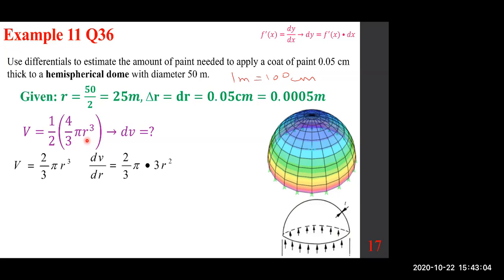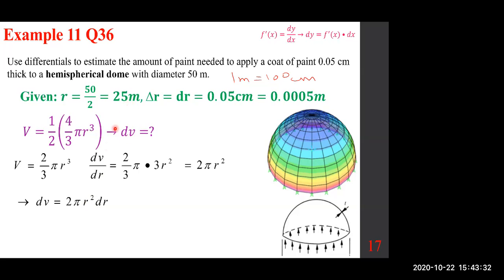This is the simplification of these two. 2/3 pi remains, r cubed gives us 3r squared, and so 2 pi r squared. What is r? It is 25 meters, remember that. But what do we want? dV. So the same thing times dr: 2 pi r squared dr.